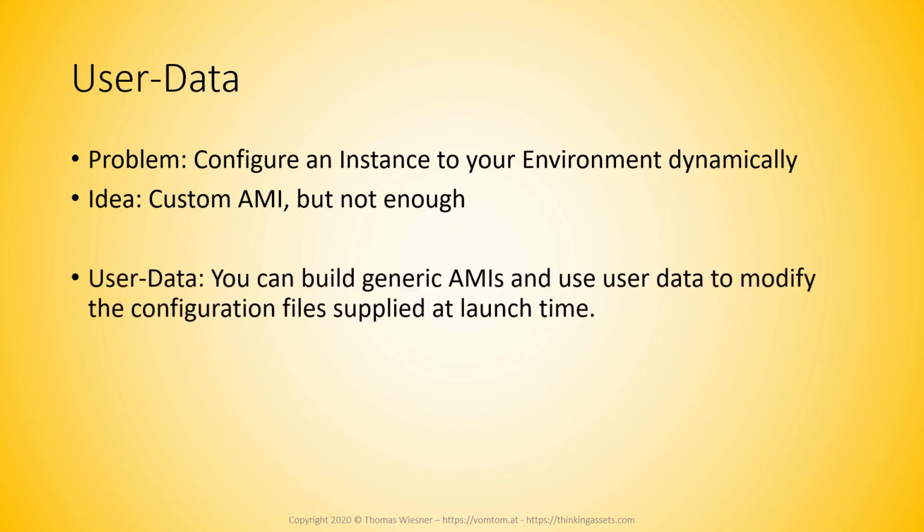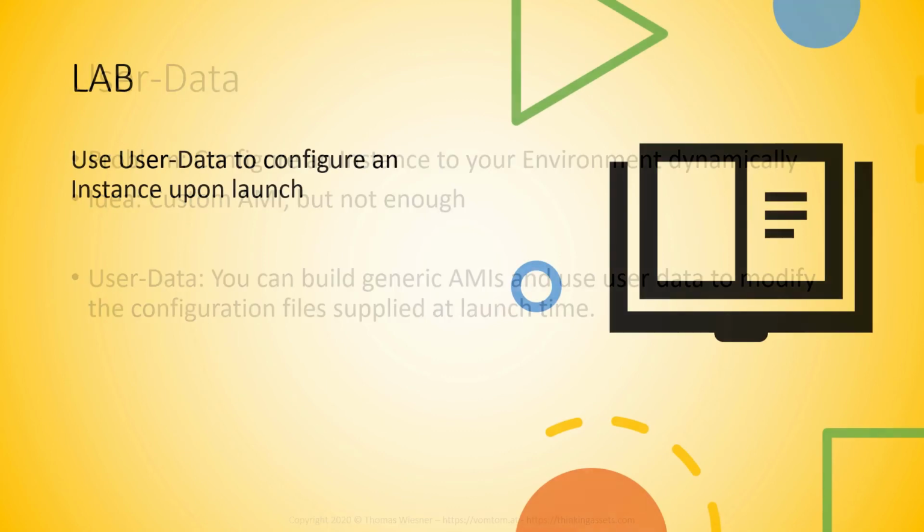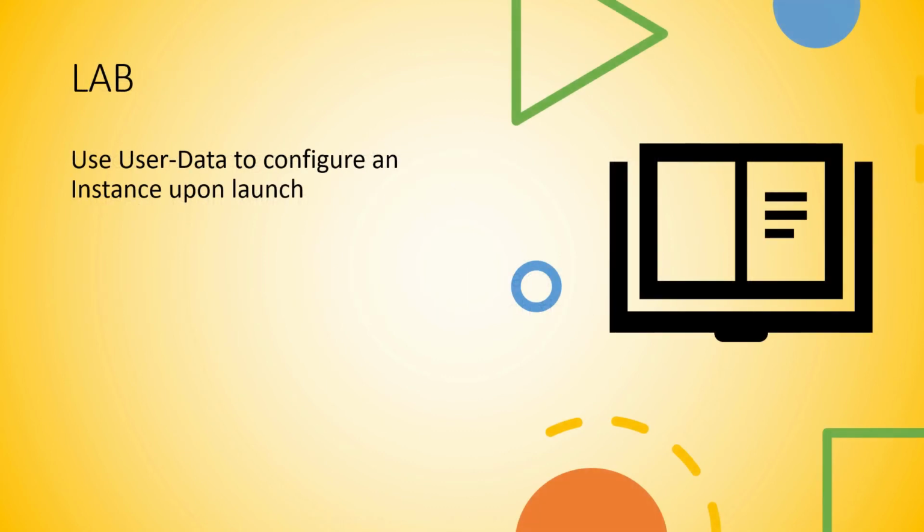You can build a generic AMI and then use the user data to modify the configuration of certain files or of anything that is running on your instance at launch time. So this is exactly what I want to do in the next lab. I want to get familiar with the user data field to configure an instance upon launch.